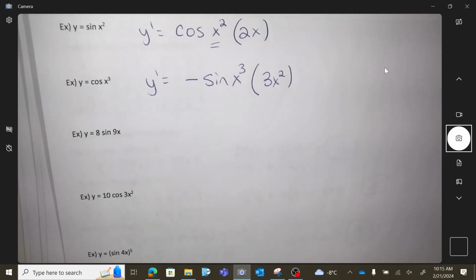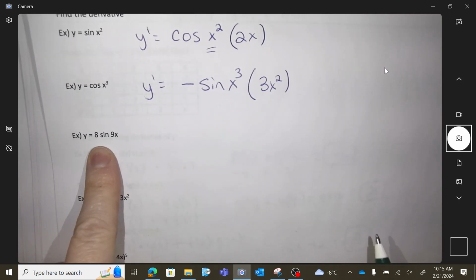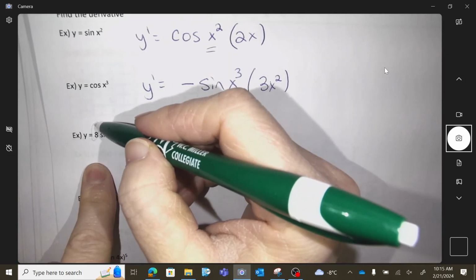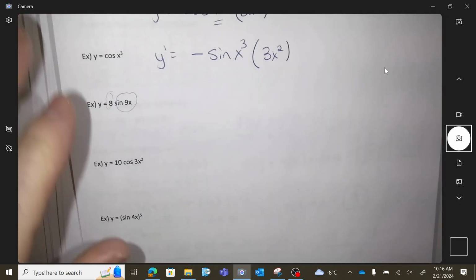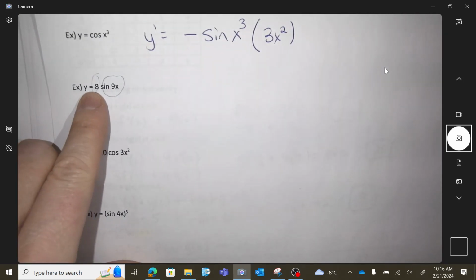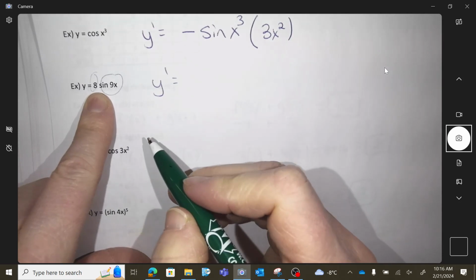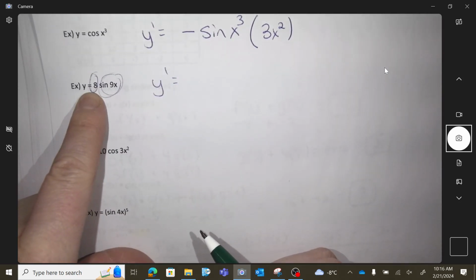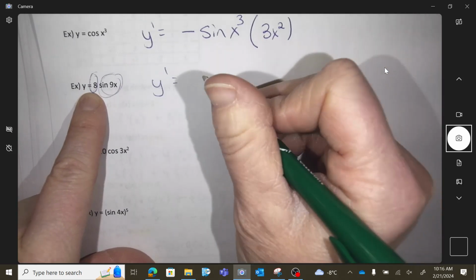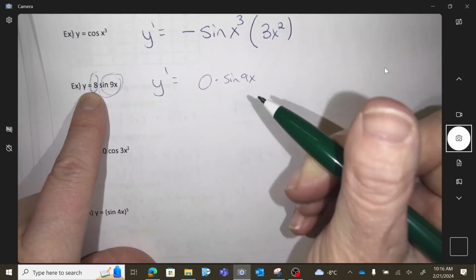Okay, I'm going to show you a product law out of this, but then we will make a rule about it. If I do a product law using that and that, what's the derivative of 8? Nothing. Times sine 9x.